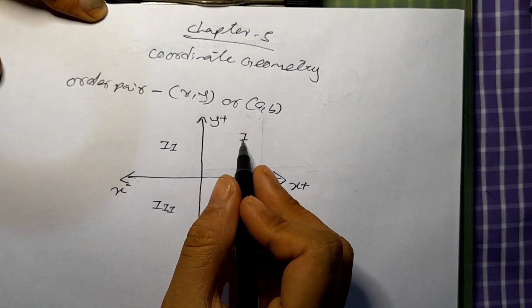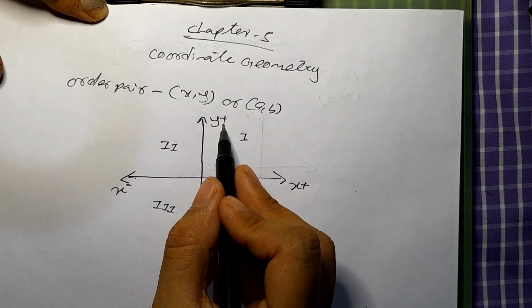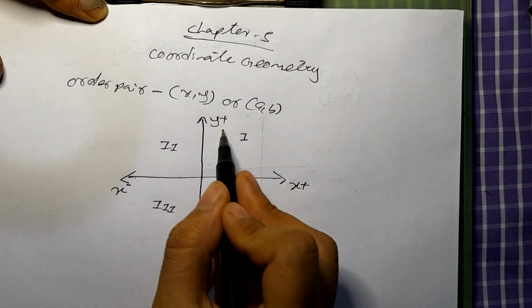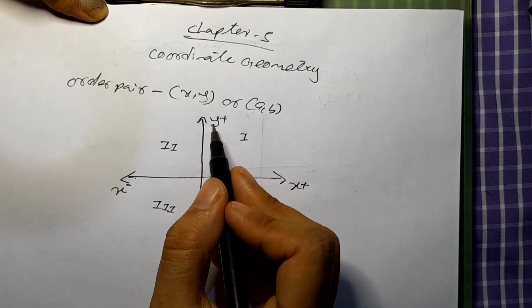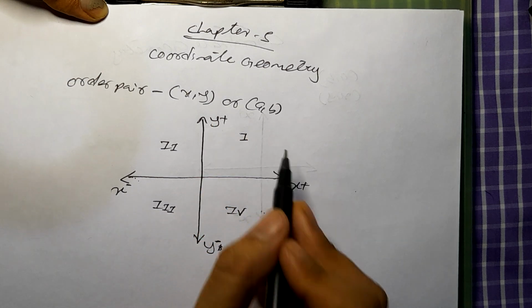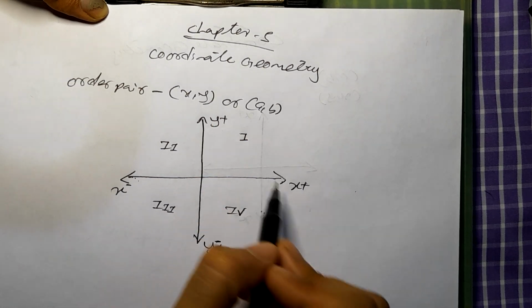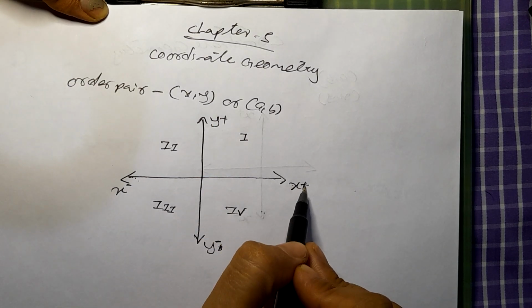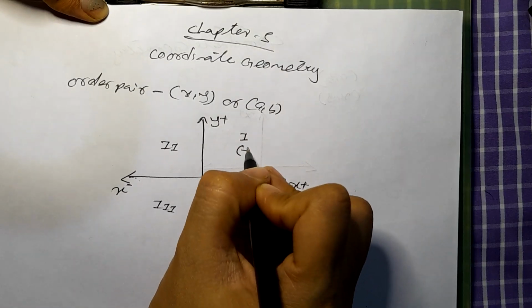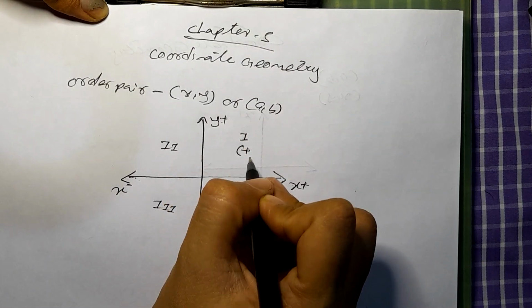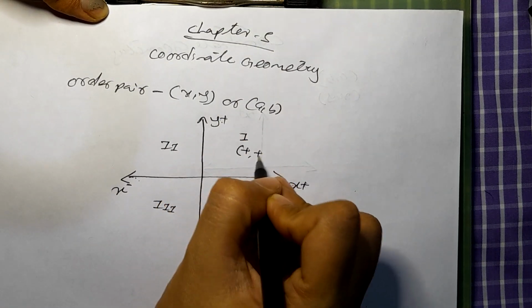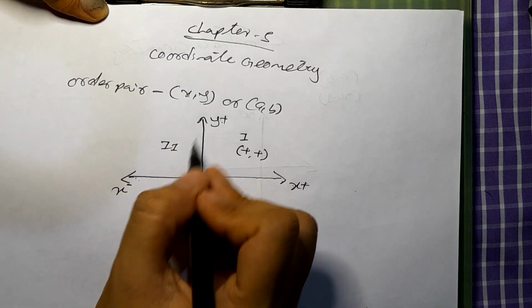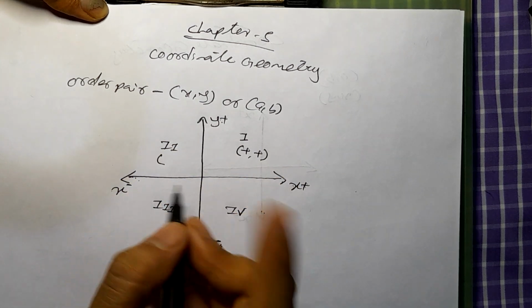What will be the sign of the first quadrant? Since this is between plus x and minus x, while writing the ordered pair we always write the x first, then we write the y. Here the sign of x is positive, so it will be plus, then the sign of y is again plus, so plus plus. Now come to the second quadrant. Always we start with the x.